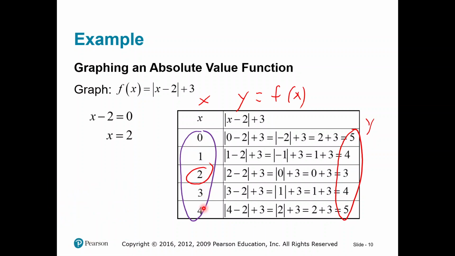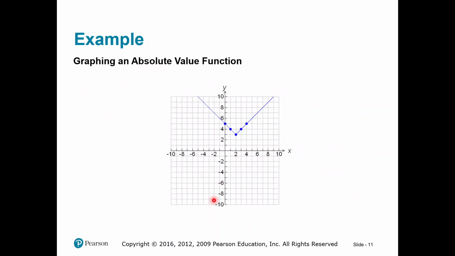We have 5 points: 0, 5; 1, 4; 2, 3; 3, 4; and 4, 5. We have 5 pairs, so grab those points and connect those dots.